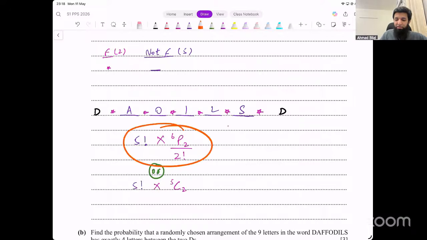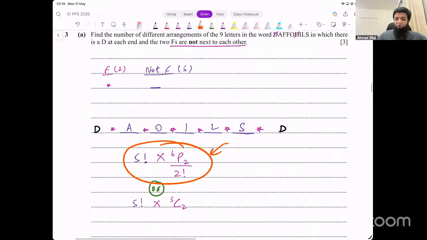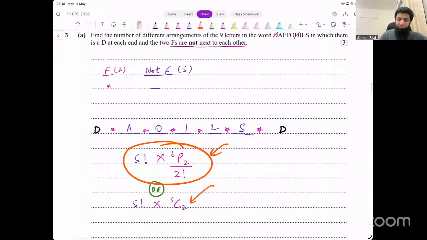This makes more logical sense, however since we're arranging, a lot of people get confused about why we're using combinations. So it is easier to think of it as 5P2 divided by 2 factorial.